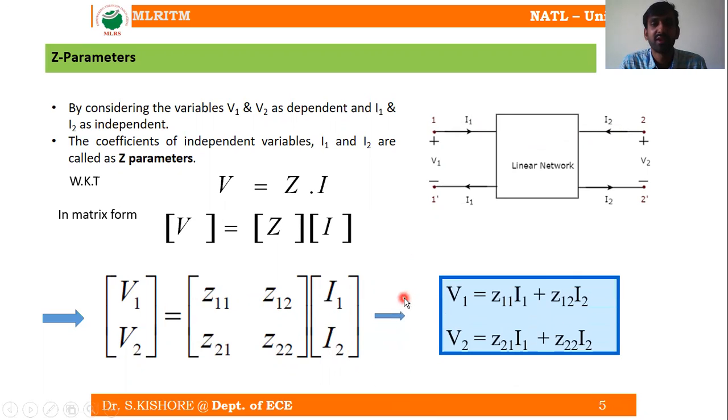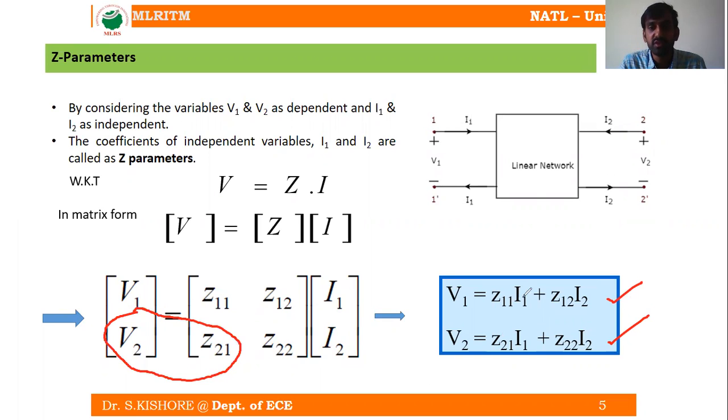From this we can write the equations. V1 is equal to Z11 into I1 plus Z12 into I2, and V2 is equal to Z21 into I1 plus Z22 into I2. These are the Z parameter equations.